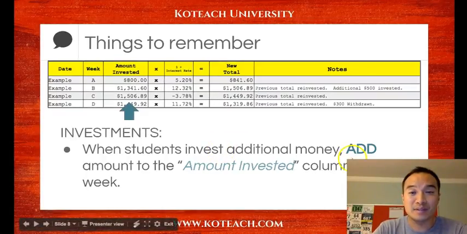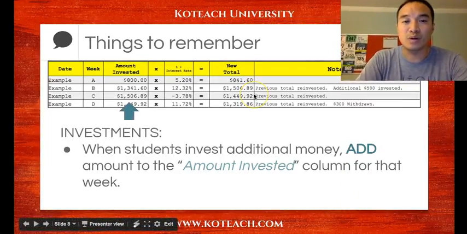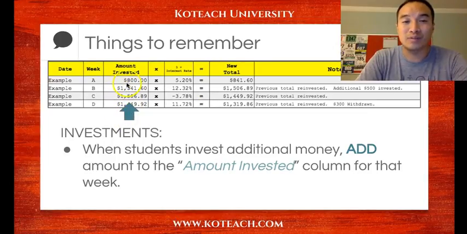For investments, if you are investing additional money, make sure to add whatever money they're investing. For example, here's 500. Add that 500 here in the amount invested column.